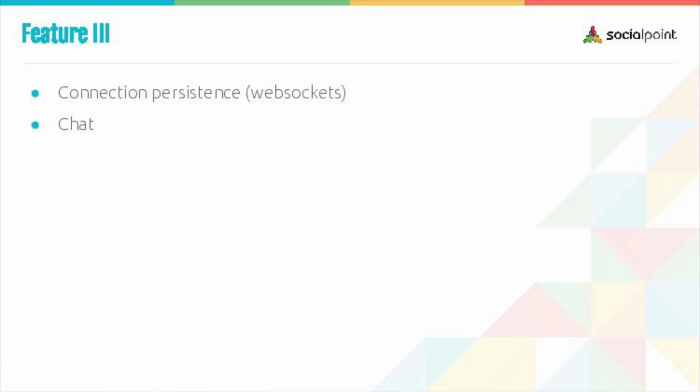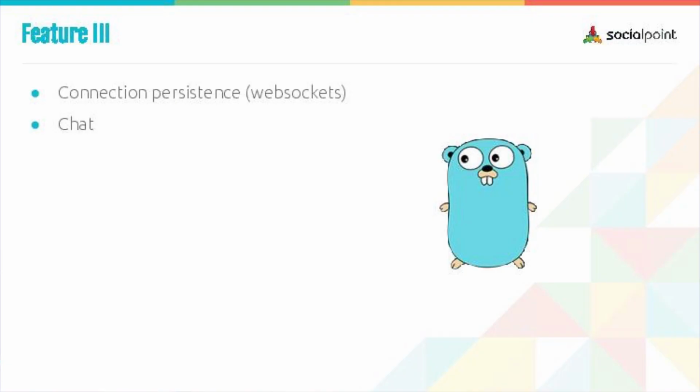The developer comes again. We hate each other already. So we need to make connection persistence. We need WebSockets. We need a chat. We need to push data to the clients. We need a more responsive game. So we have decided to develop a Golang service.